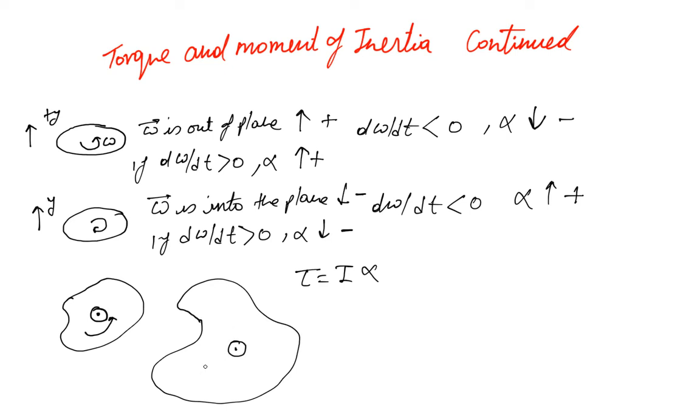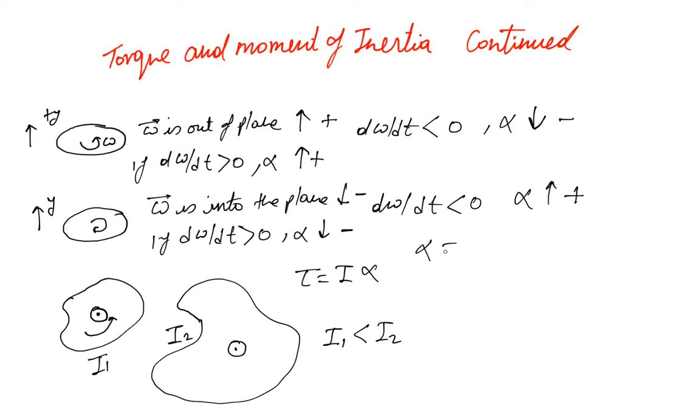Let's say this is heavy and this is light. So for this one, if I is I1 and for this one I is I2, then I1 is less than I2, which means it is easier to move this one angularly than this one. So I is sort of a measure of mass. It's easier to give acceleration to a smaller mass than to a bigger mass. So that's a measure of giving angular acceleration, alpha.